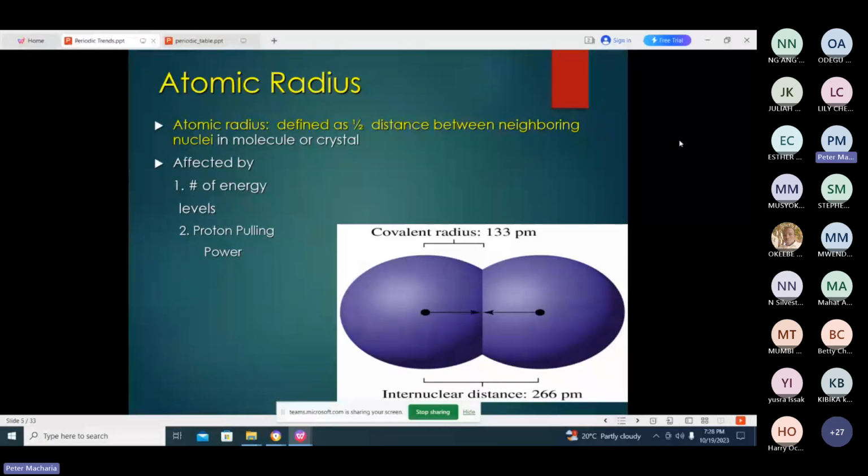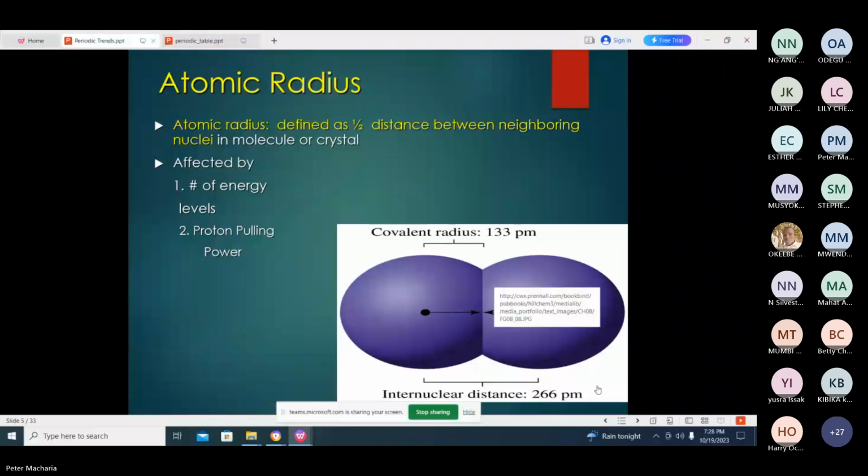So we determine the radius by dividing the distance by 2. Are we together? For example, here they are showing that the internuclear distance has been determined to be 266 pm, so the atomic radius is half of that. That is why it is written 133 pm.